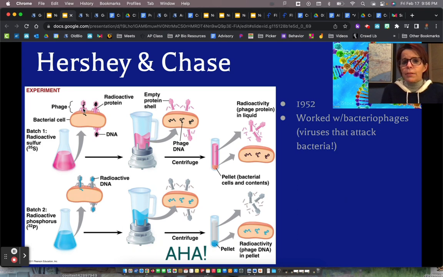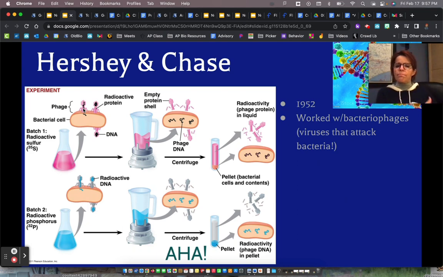That's the same thing that happens in your body when you get the flu. A flu virus enters into your cell. It gives your cell this genetic information that says build more flu viruses. Your body doesn't know any better, so your cell starts building flu viruses, and eventually your cell bursts open and it releases tens of thousands of flu viruses from just one infected cell.